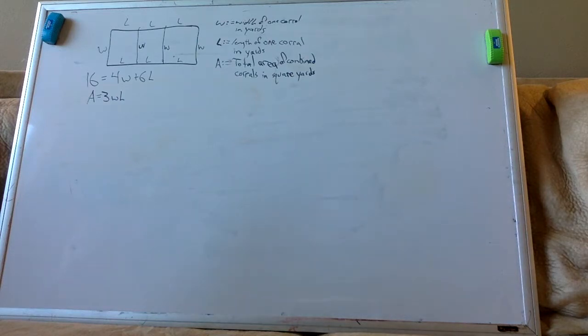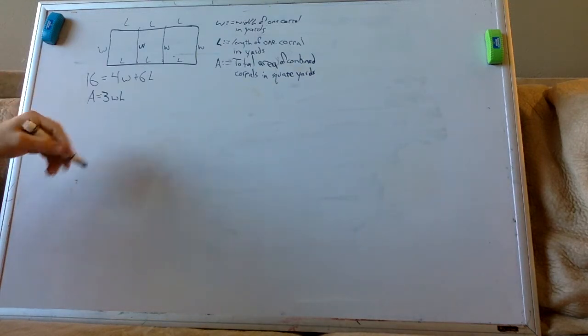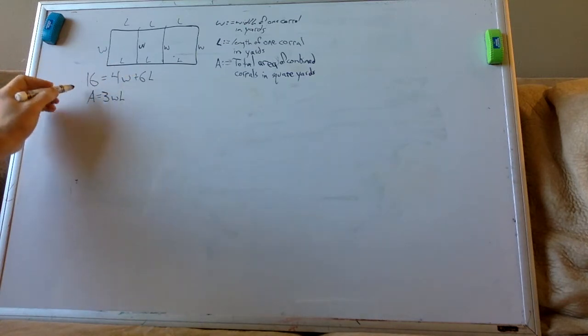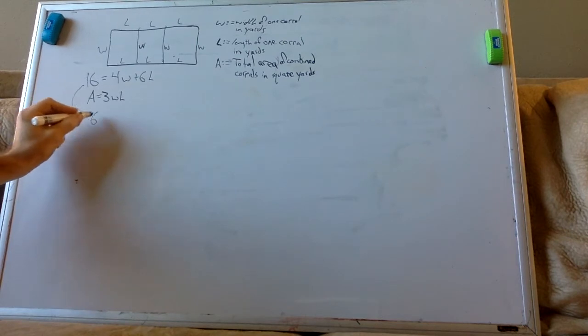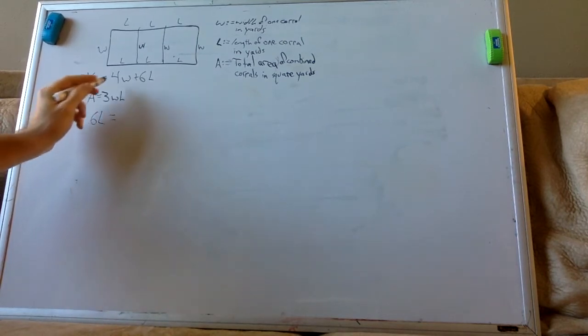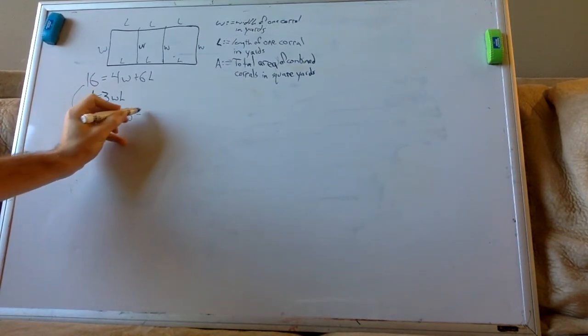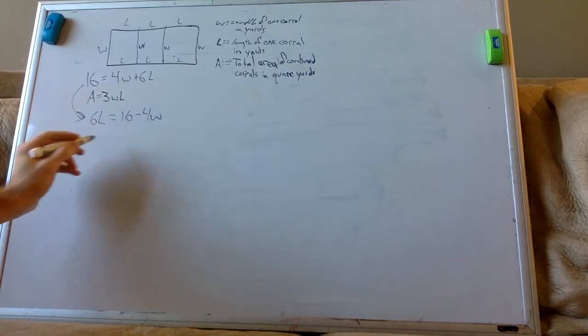Okay, so now I have these two equations, and I want to figure out what the maximum area is. And we talked about before how I can replace this. I can rearrange this: if I have 6L, and then I subtract 4W from both sides, that gives me that.